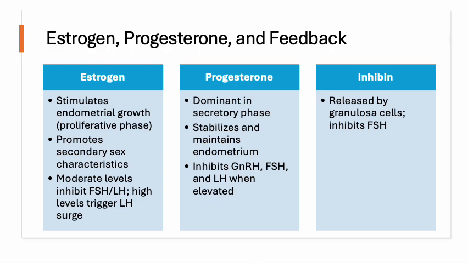After ovulation, progesterone becomes the dominant hormone. It prepares and maintains the endometrium for potential implantation and strongly inhibits further GnRH, FSH, and LH release to prevent another ovulation during the same cycle. Inhibins secreted by the granulosa cells help fine-tune this balance by specifically inhibiting FSH.